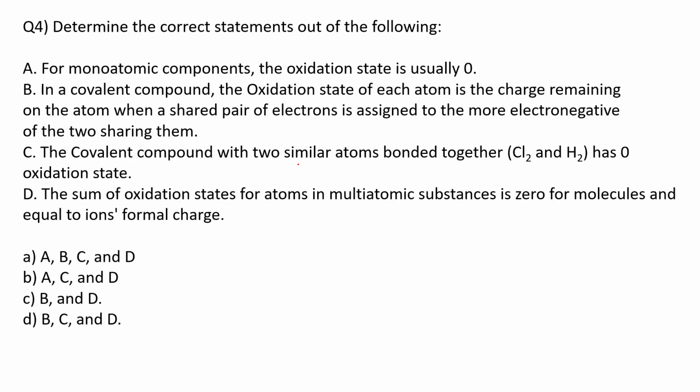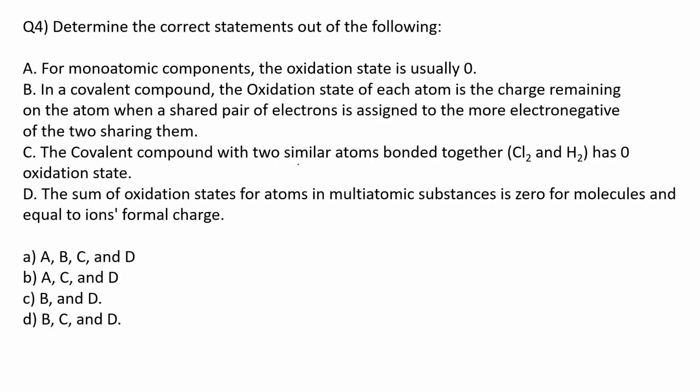Moving towards the next question. Determine the correct statement out of the following. For monoatomic compounds, the oxidation state is usually 0. Monoatomic compounds means made of just one atom, like a simple metal, Mg, or anything. The oxidation state is usually 0. B option is, in a covalent compound, the oxidation state of each atom is the charge remaining on the atom when a shared pair of electrons is assigned to the more electronegative of the two sharing them.